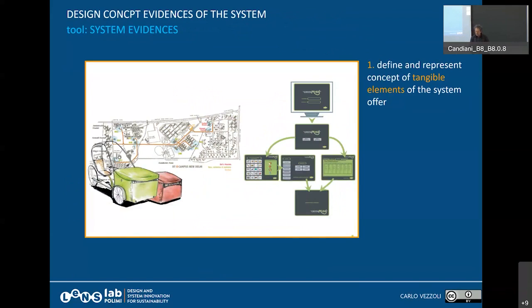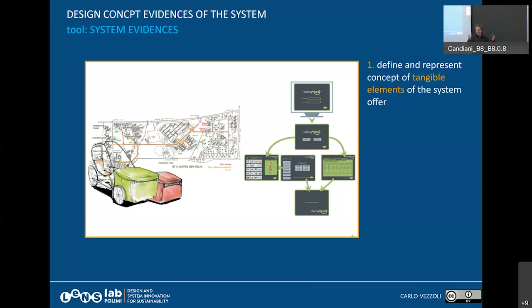When this is made, or maybe even a little bit earlier, we will ask you to sketch, to draw some of what we call touchpoints or evidences. It could be a draft concept of a product, or an interface of an app or something like this, okay?